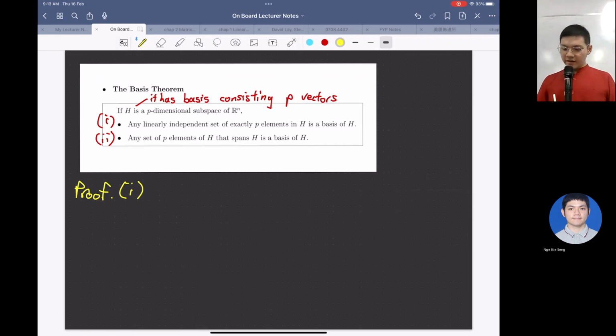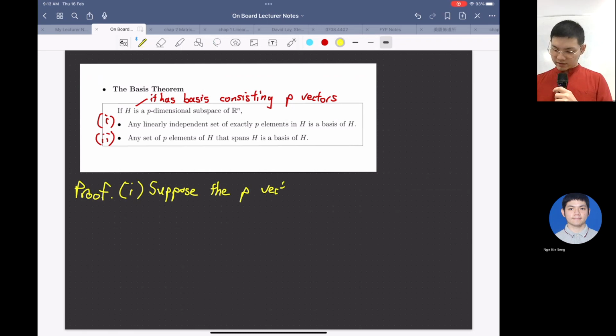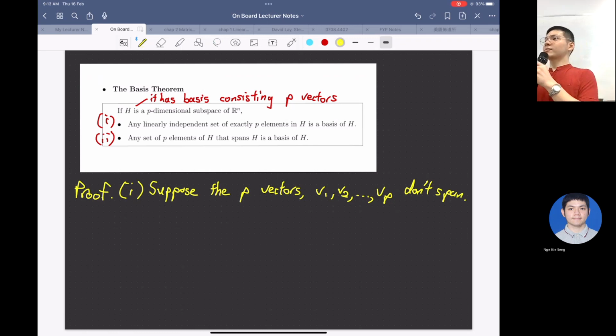Okay. So in the first condition, you have linearly independent. How about span? How to see that it spans? There's not much condition from the theorem. So suppose the p vectors v1, v2, up to vp don't span. Suppose it doesn't span and see what happens.